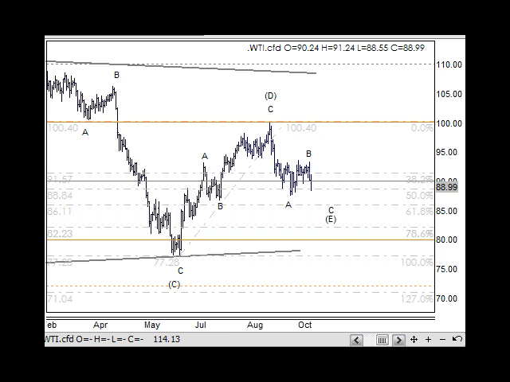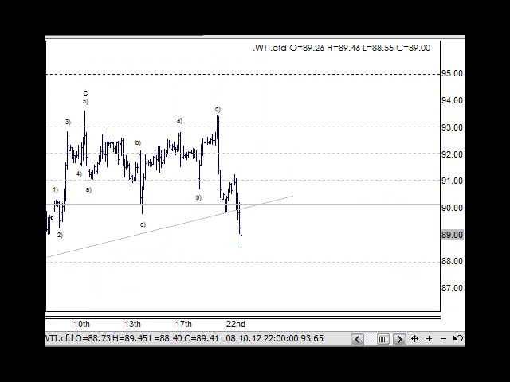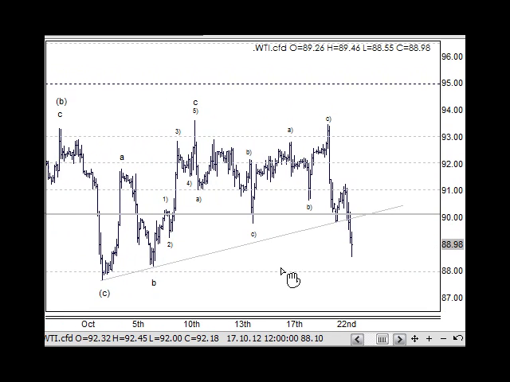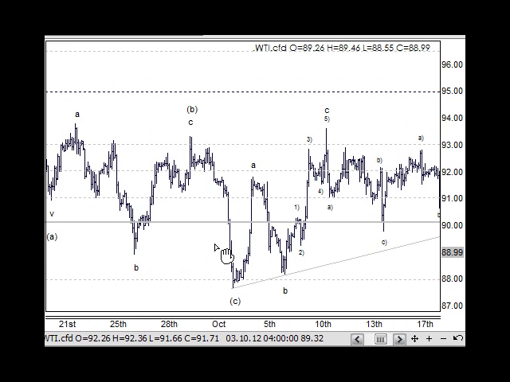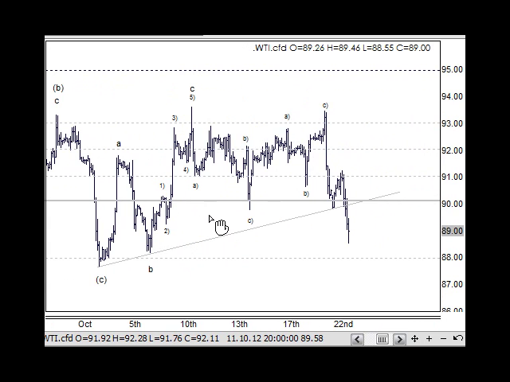So if we just have a look at that, oh, that's moved through quite quickly since I've been here, since this morning. This pattern here, in one way or another, is corrective, because we've got an A and a B and a C here, that three-wave structure. That makes the whole thing a corrective pattern, but corrective patterns can just expand on themselves.